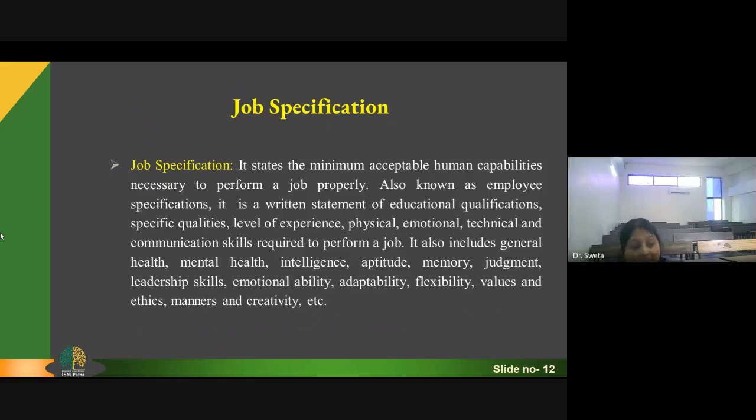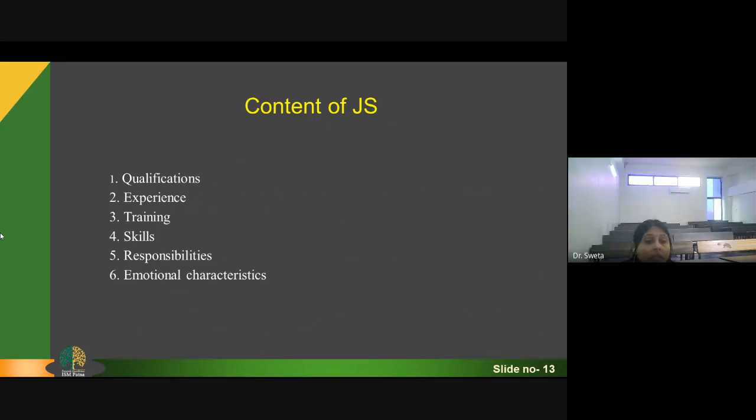That is known as job specification, and it is also known as employee specification, as it is a written statement of educational qualifications, specific qualities, level of experience, communication skills. It may also include general health, mental health, intelligence, aptitude, memory, judgment, leadership skills, emotional ability, creativity, etc. Talking about the contents of job specification, we can include all these things in the specification part.